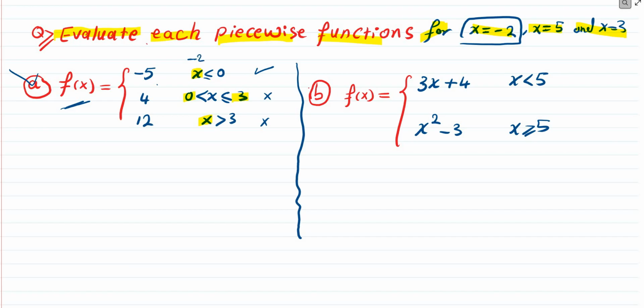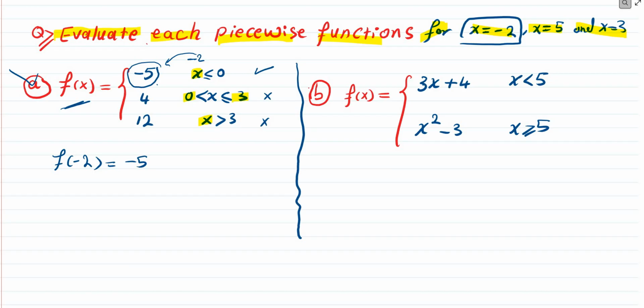So when satisfying this condition, you substitute negative 2 in place of x. Since we don't have x here, and it is a constant, the value equals this number. So f of x equals negative 5. We write f of negative 2 equals negative 5. The value when you evaluate this function at negative 2 equals negative 5.